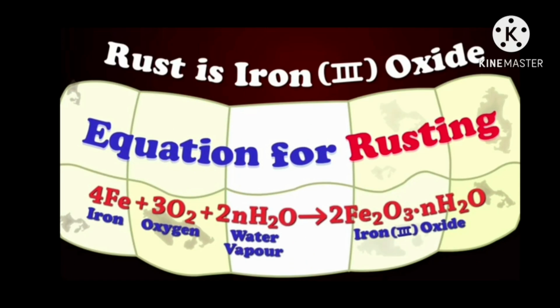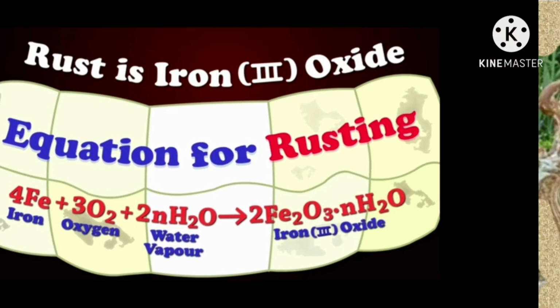The process of rusting can be represented as iron plus oxygen plus water, that means in presence of moisture or damp air, forms iron oxide. Iron oxide is rust. Rusting of iron is a chemical change because a new substance, iron oxide, is formed in this process.